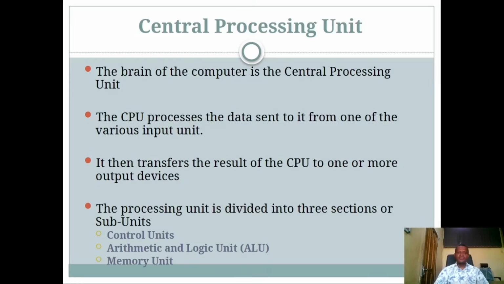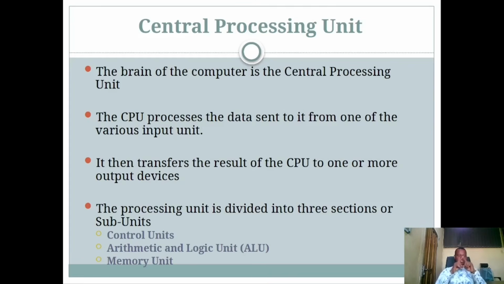Now after the execution of data, the result of what the CPU generates can now be sent to one or more output devices. Remember that the CPU sits in the center. The input comes in through the input unit.